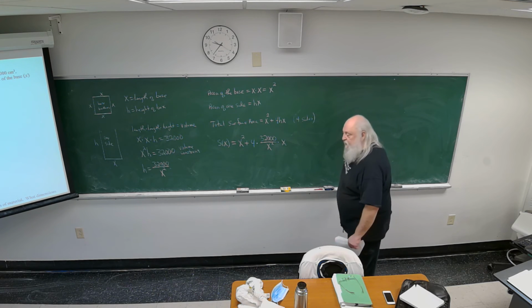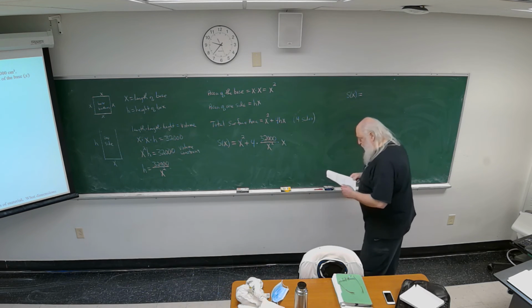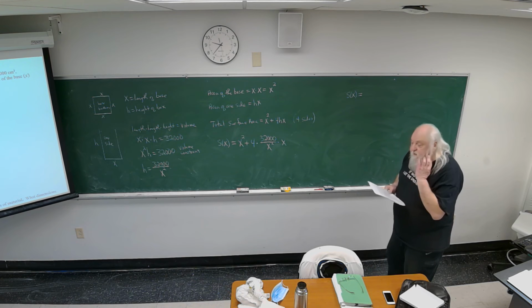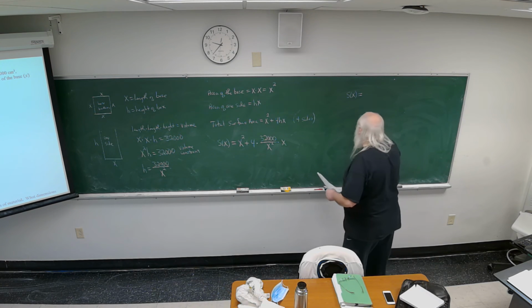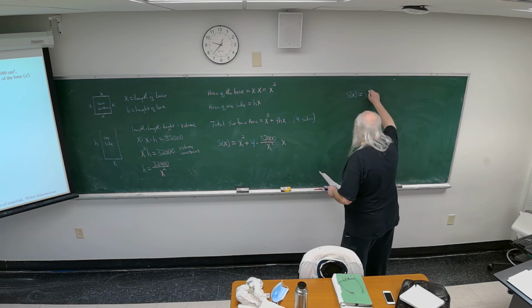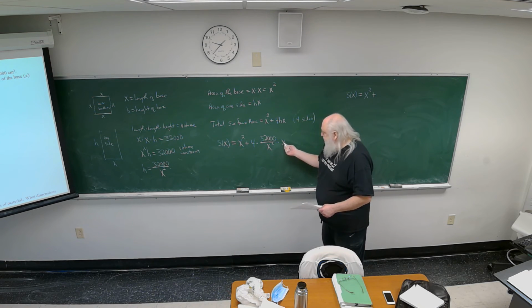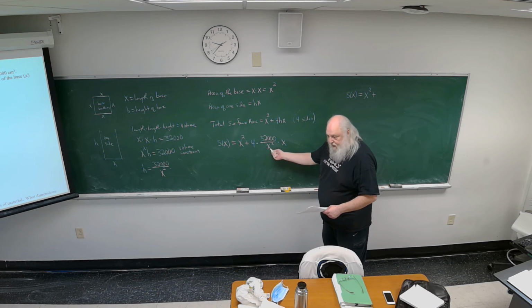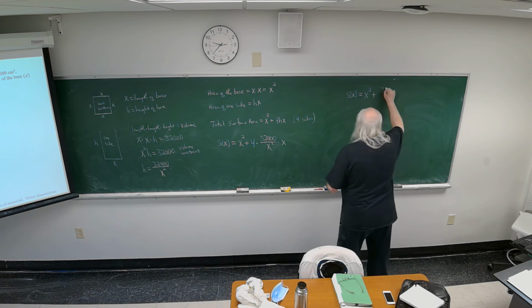And now we can simplify a little bit. The total area, which is the total amount of wood that we need, is equal to x squared plus, now this x cancels out one of these x's, and we're left with 32,000 over x.